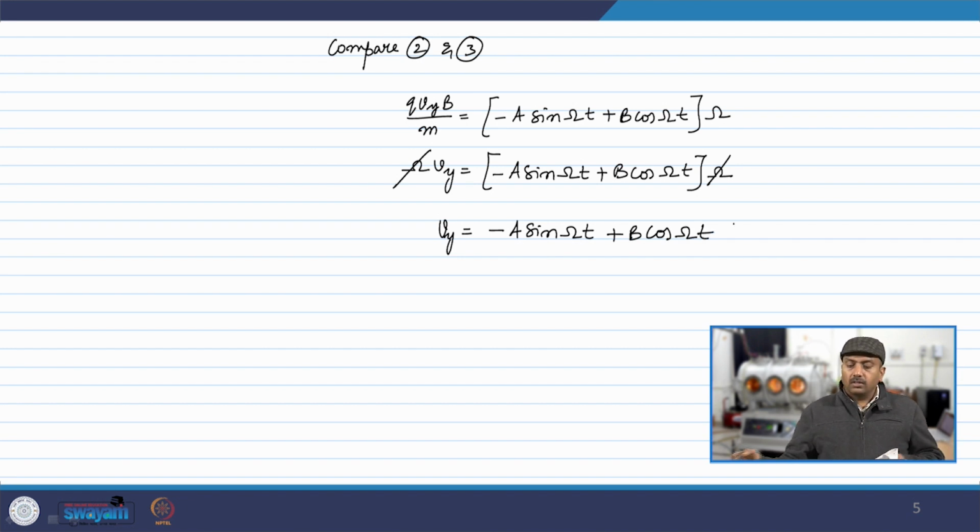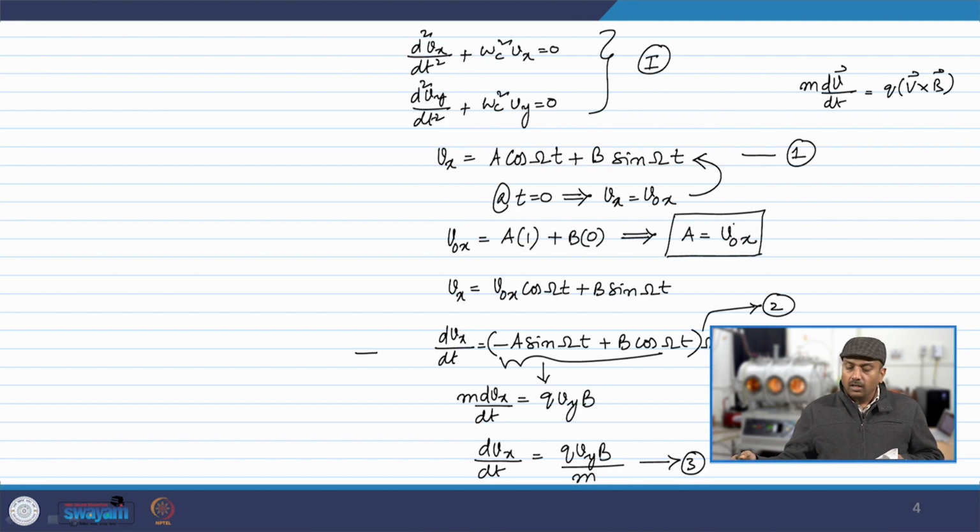Now, you just try to understand what I have done. I started by assuming a solution for Vx. What is Vx? Vx is the variable which appears in the second order differential equation, right. So, I assumed a solution for Vx, and this solution has two constants, a and b.